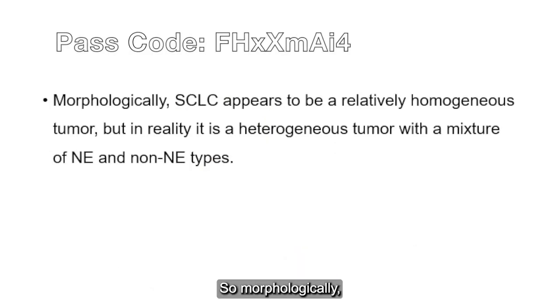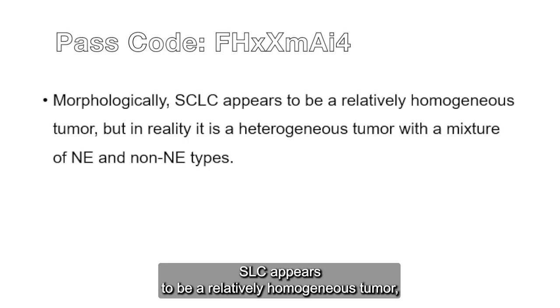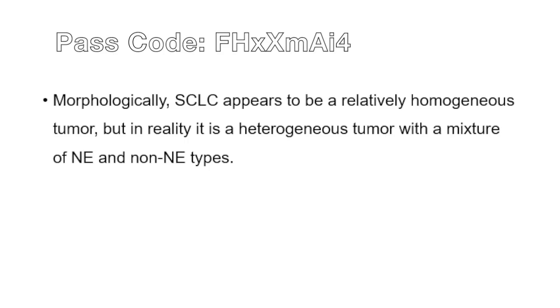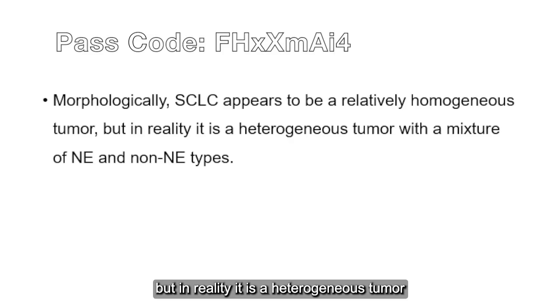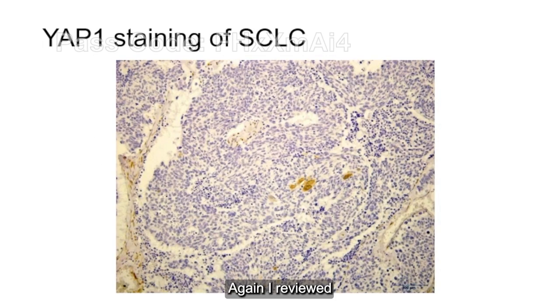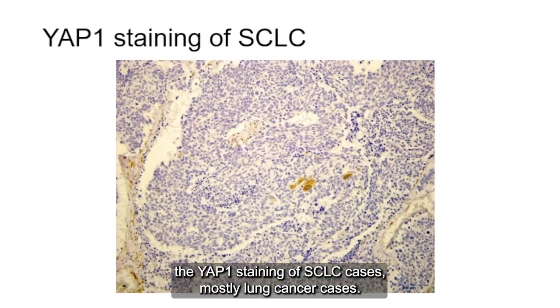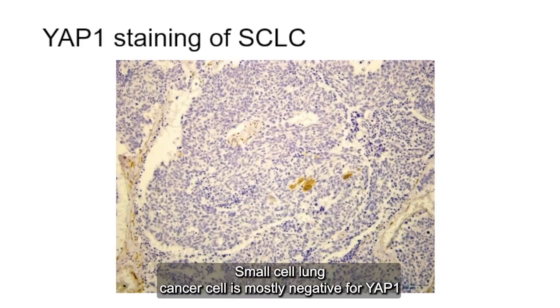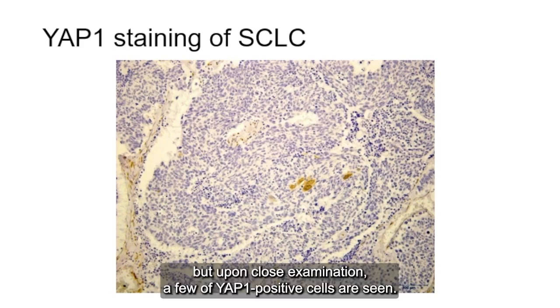So, morphologically, SCLC appears to be a relatively homogeneous tumor, but in reality, it is a heterogeneous tumor with a mixture of neuroendocrine and non-neuroendocrine type. Again, I reviewed the YAP1 staining of small cell lung cancer cases. Small cell lung cancer cells are mostly negative for YAP1, but upon close examination, a few YAP1 positive cells are seen.